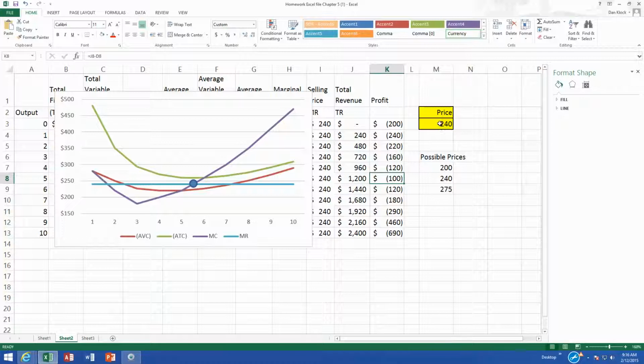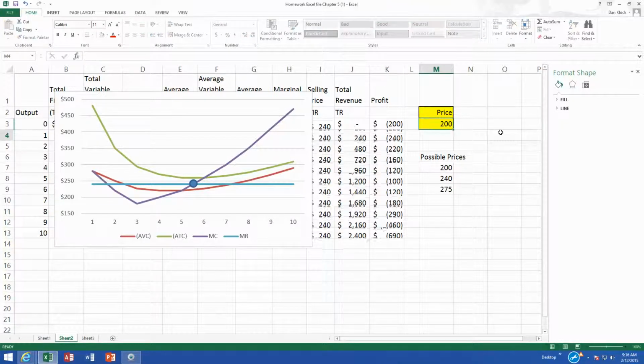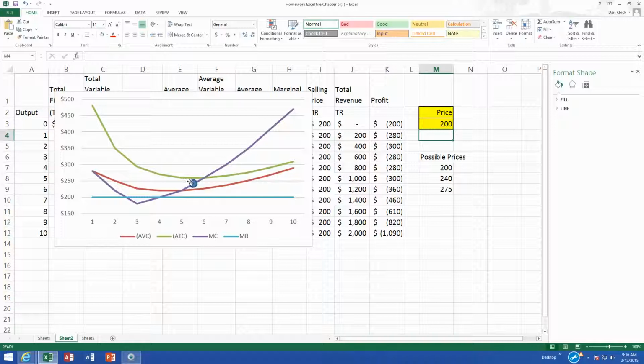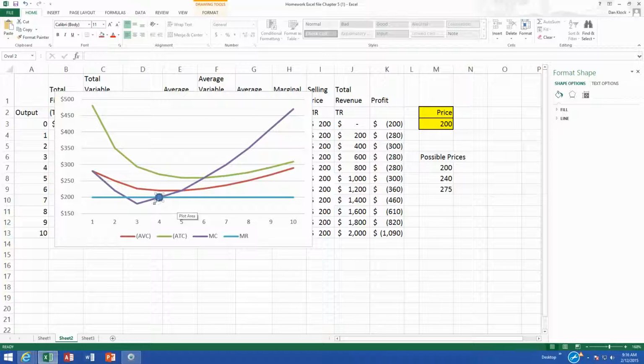And then the worst case scenario, if the price drops dramatically, then I have to move my MR equals MC. Always, when you take the test, find where MR equals MC. That's the key point. Now, where my profit maximization is below the variable cost, then I have to close down, and I can see it over here.